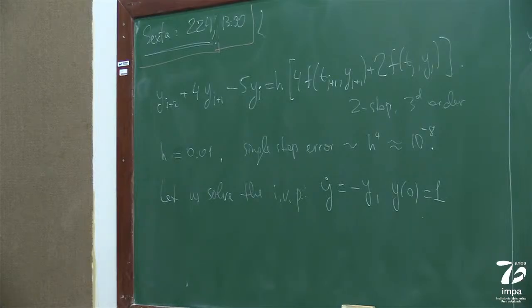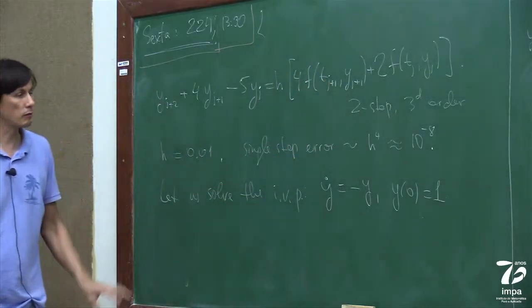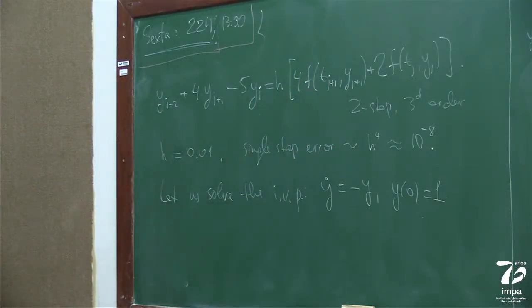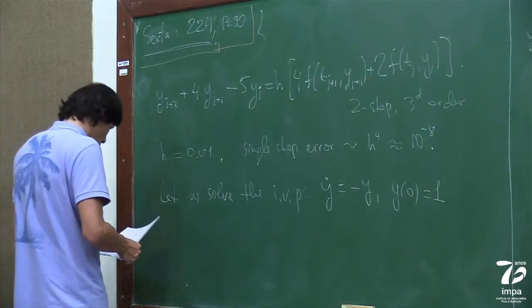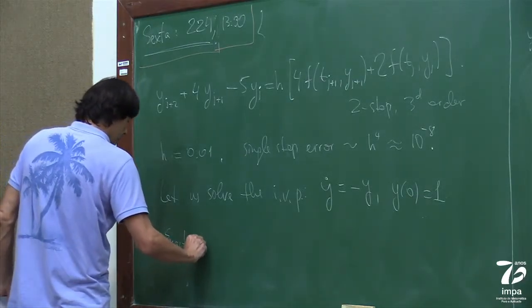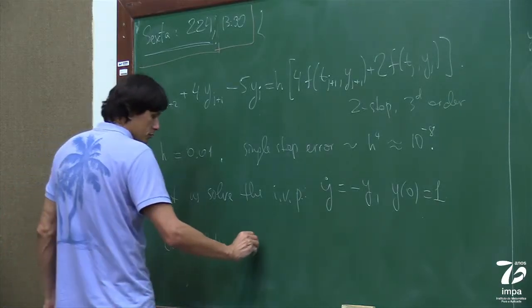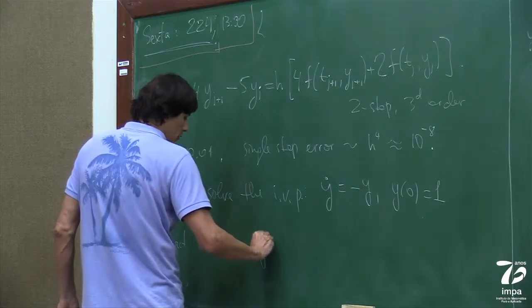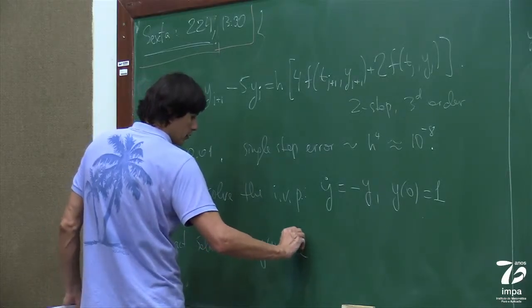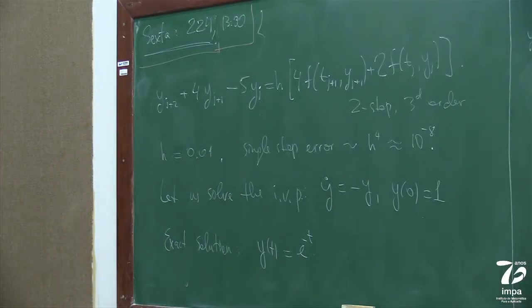We will do it because we can make an explicit study of the whole problem for this example, just a direct computation. We know the exact solution: y of t equals exponent minus time.